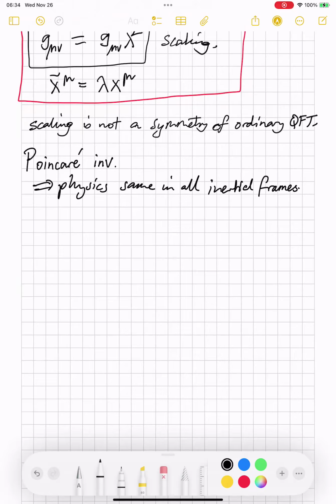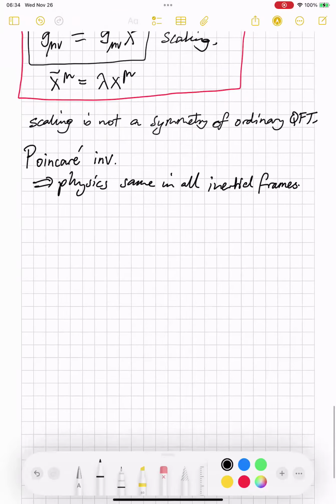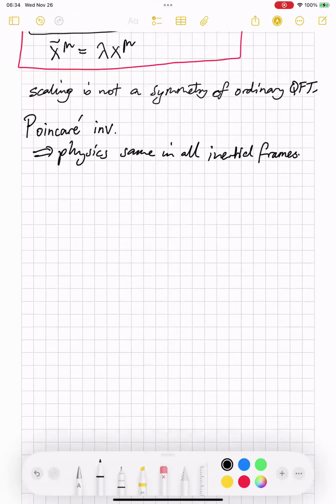And all of these invariances come with conservation laws. So the fact that we've got time translation invariance tells us that energy is conserved. The fact that we've got space translation invariance tells us momentum is conserved. The fact that we've got rotational invariance tells us that angular momentum is conserved. So symmetries and conservation laws are very, very important ideas.